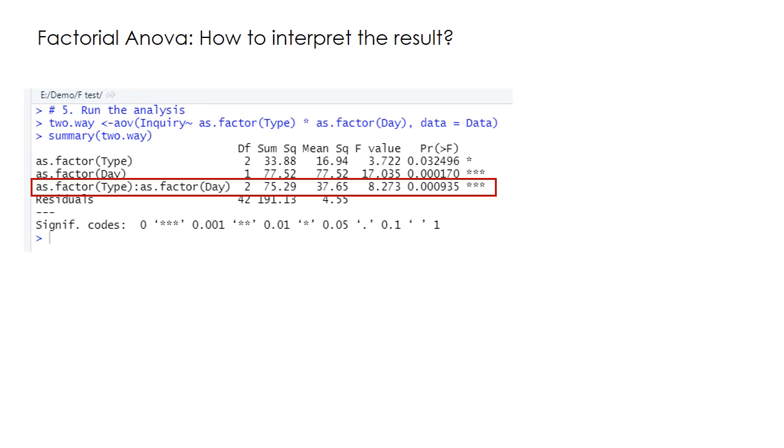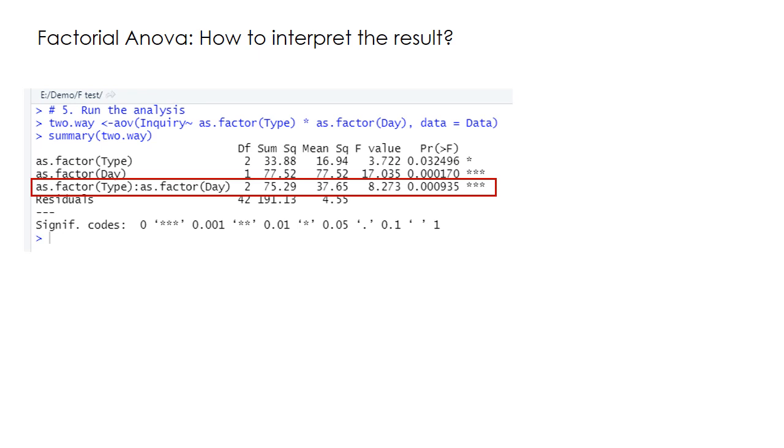So what do you do manually? You stop at F value. So what do you do next? You find the F critical from the table, and then you compare this F value to the F critical, and then you conclude if there is any significant difference for that particular factor and also for the interaction.